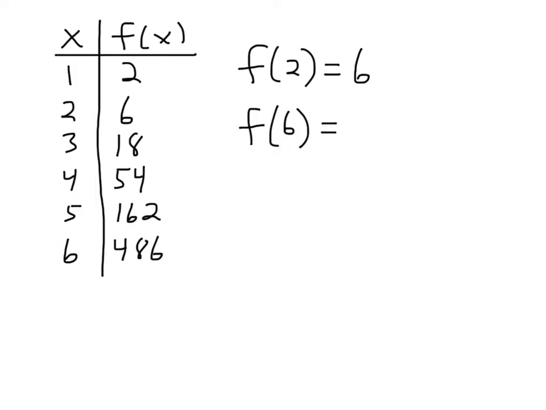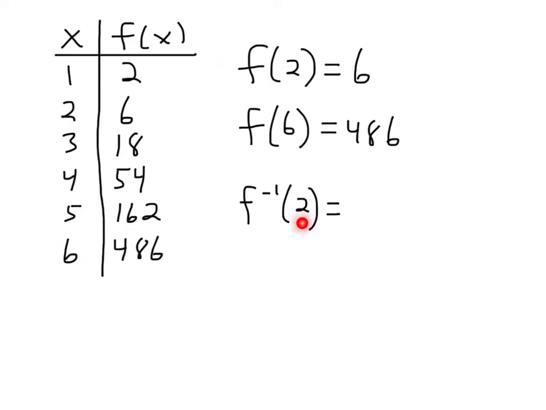Okay, now let's try f(6). So in this problem, 6 is the input, and we want to see what the function f sends that to. So here's the number 6 as an input, and that's getting sent to 486. Now this next one's a little trickier because we're trying to find f inverse of 2.